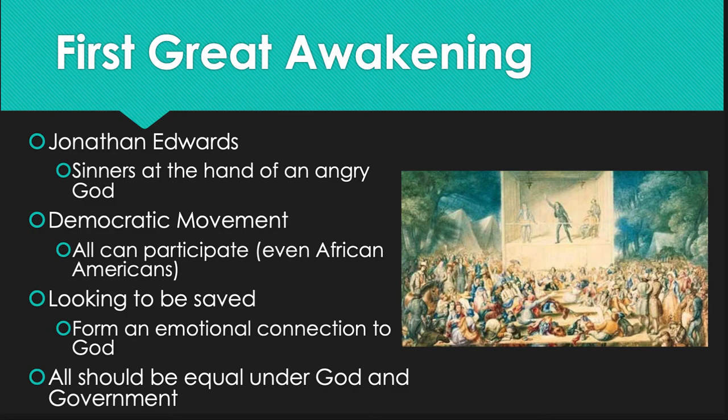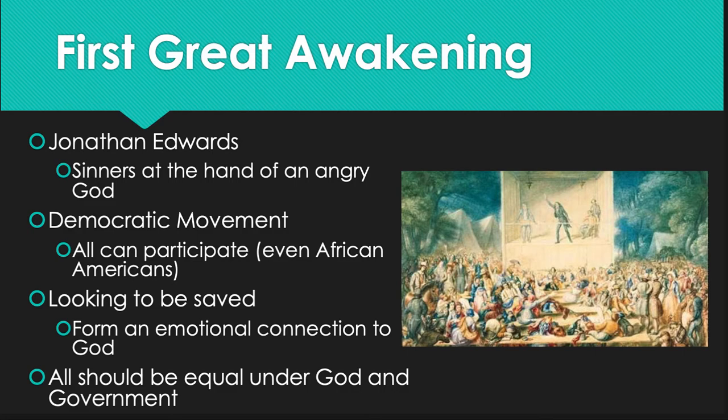And this is all going to come on the heels of the scientific revolution, which was beginning to push people away from their religious beliefs. And these people like John Edwards would speak to these large populations of colonists to hope to increase attendance at local churches and inspire the colonists to want to be saved. What it ends up doing, though, is inspiring this idea that colonists should be equal under God, and if they're equal under God, they should be equal under their government.